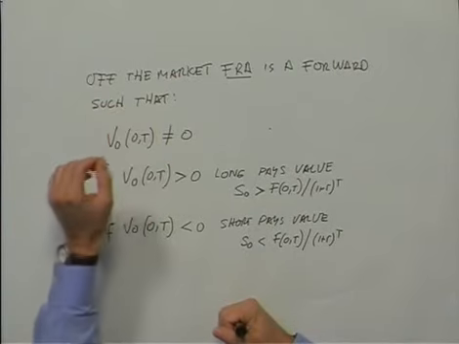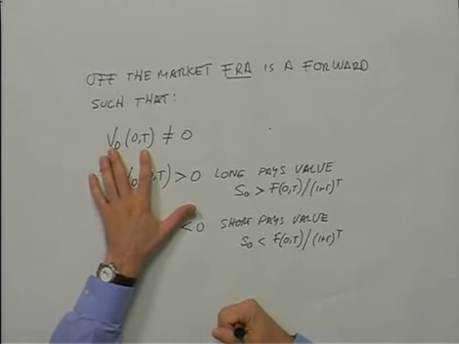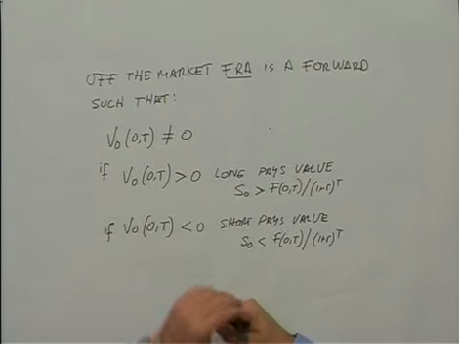Those are the three values that you're interested in: the value at origination of the contract, the value at any time between the origination and expiration of the contract, and the value at the expiration of the contract. An off-the-market forward rate agreement is a forward contract such that the value of this contract at origination is different from 0.